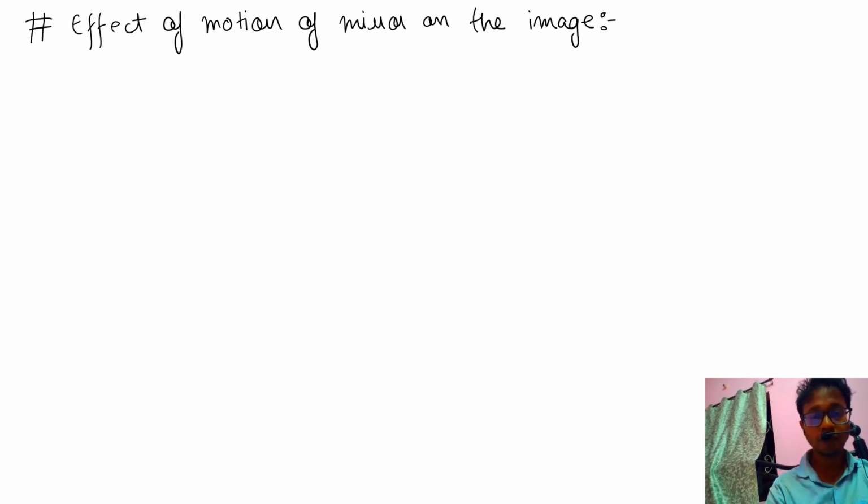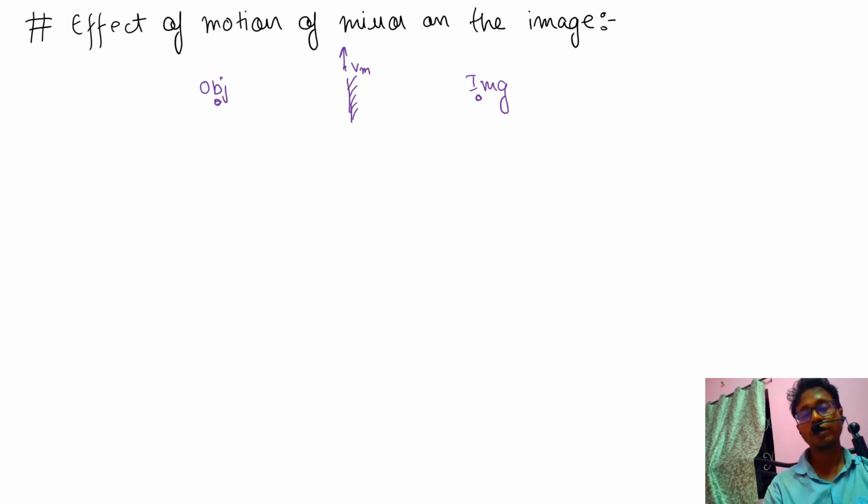The mirror was fixed and the object was moving around. In this case, our object is fixed, and this is the image, and the mirror will be moving around. So the first case is the velocity of mirror is perpendicular to the normal.